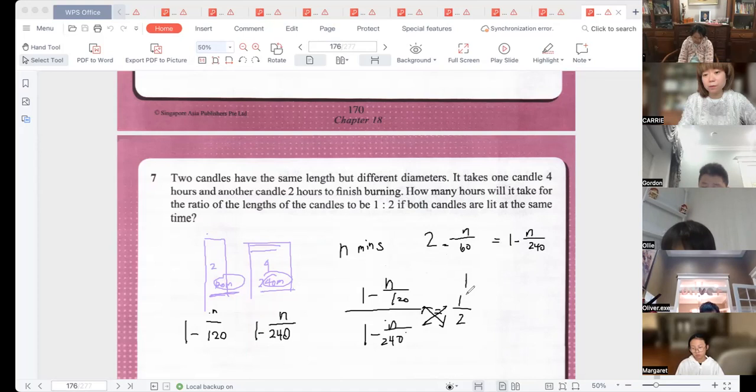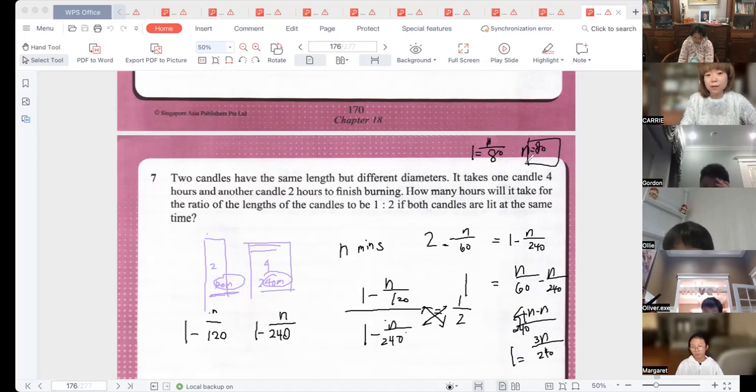So 2 minus 1 equals 1, and the other side is n/60 minus n/240. The common denominator is 240, so 4n minus n equals 3n/240, which equals 1. So 1 equals n/80, so n equals 80. That means 80 minutes later, the lengths of these two candles will have the ratio 1 to 2.